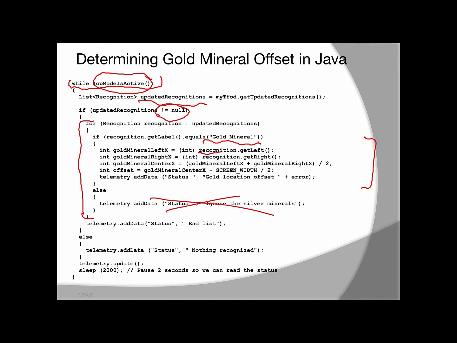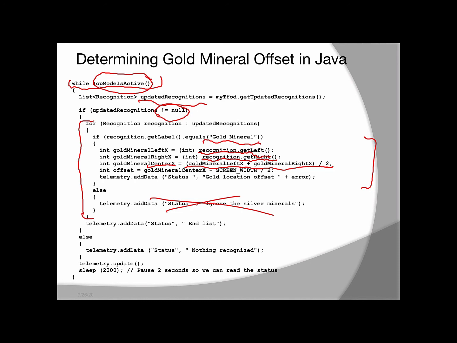And so we're going to get the left side of the gold mineral, and then we're going to get the right side. And then we can compute its center by summing the left and right side and taking the average, which is right over here.